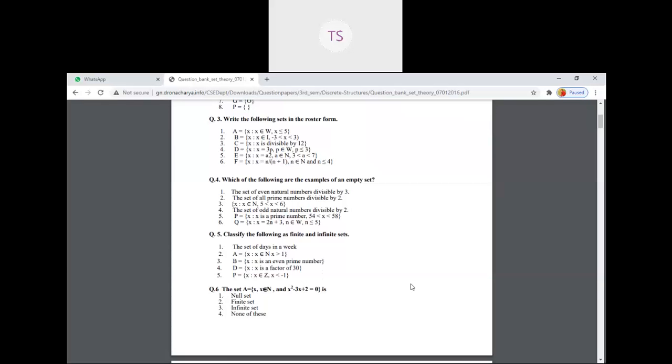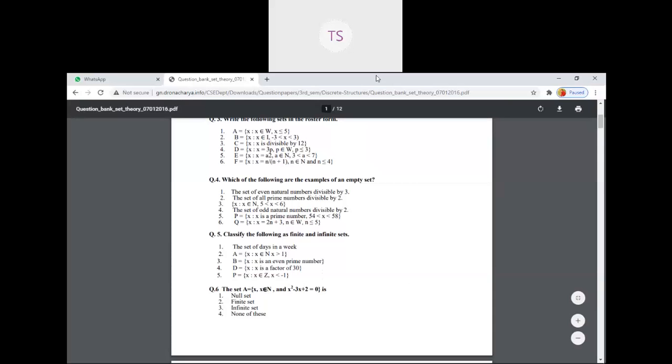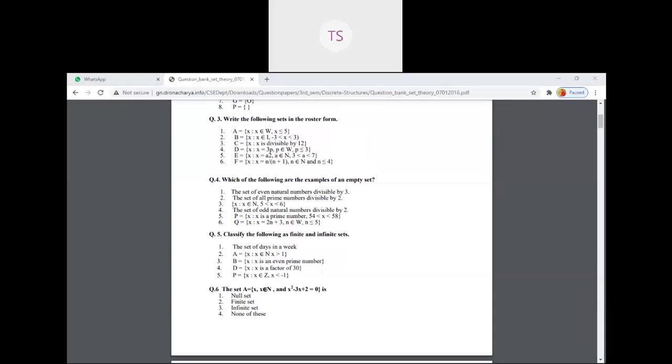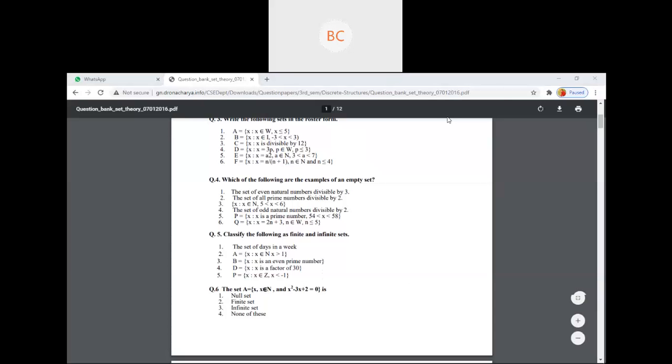No, see, 6 is divisible by 3. Is it correct? Now 6 is even or odd? So that means at least we will get one element.